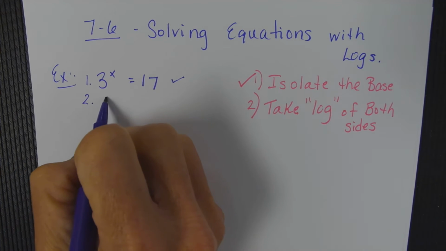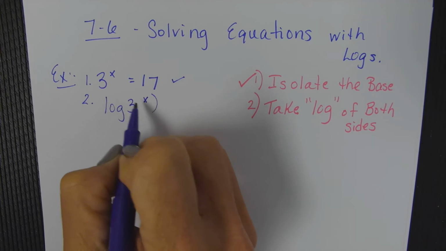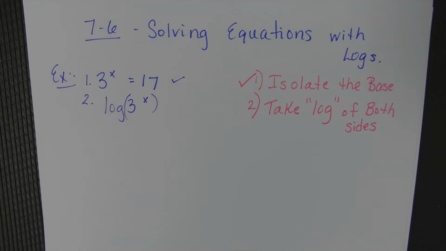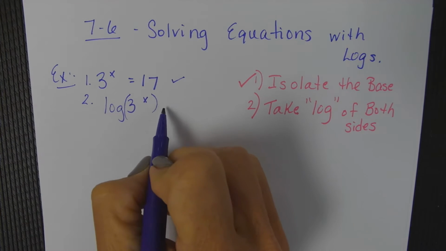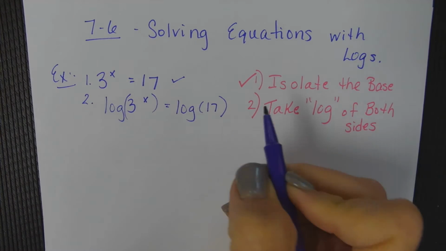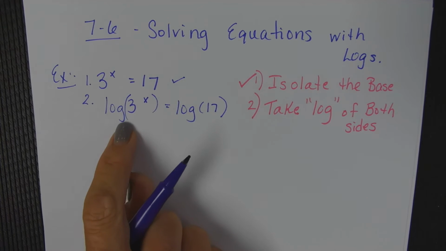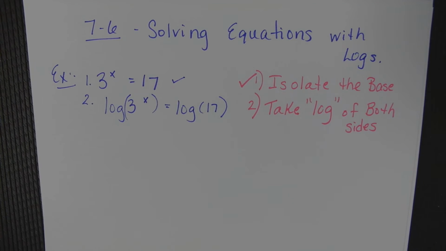All we do is we say log of (3 to the x), I'm going to put parentheses just to make sure my exponent is secure right there, equals log 17. Is there going to be a 10 there? What is understood to be there if we don't see 10?